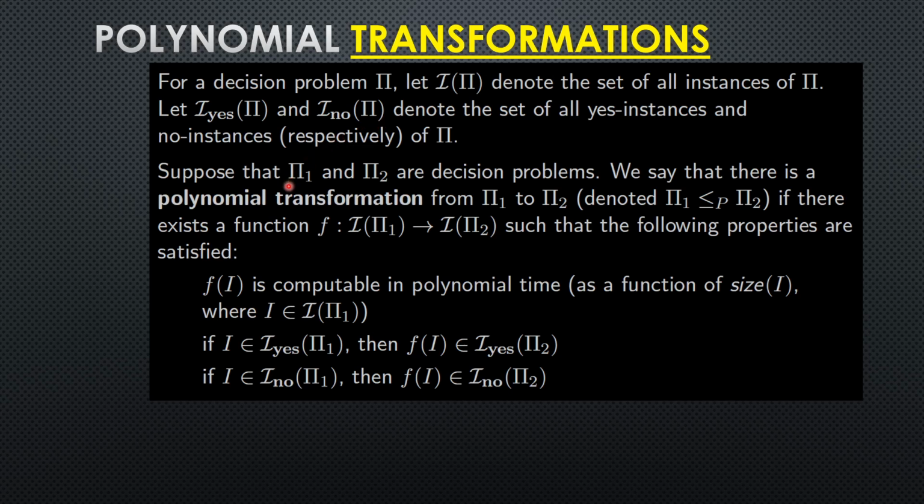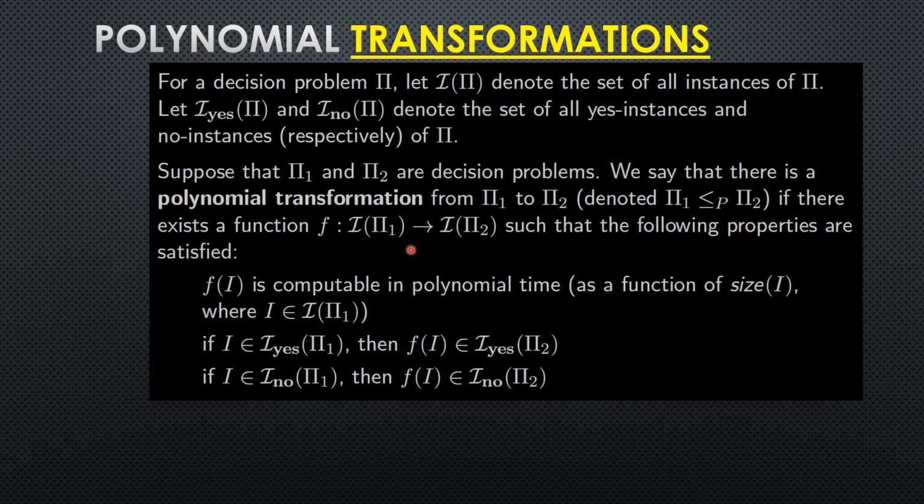Okay, now suppose that pi 1 and pi 2 are decision problems. We say that there is a polynomial transformation from pi 1 to pi 2, which we denote pi 1 less than or equal to sub p pi 2, if there exists a function f that takes inputs to problem 1 and maps them onto inputs to problem 2. So we transform an input from problem 1 into an input for problem 2.